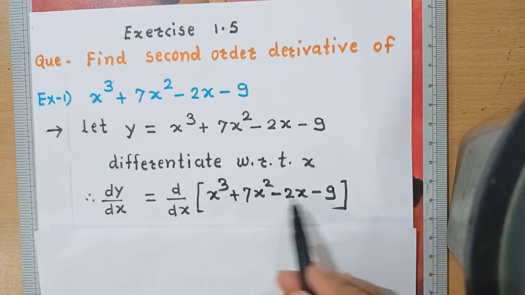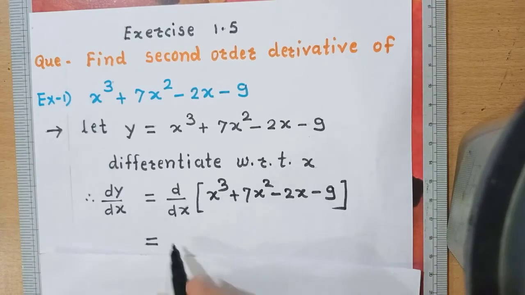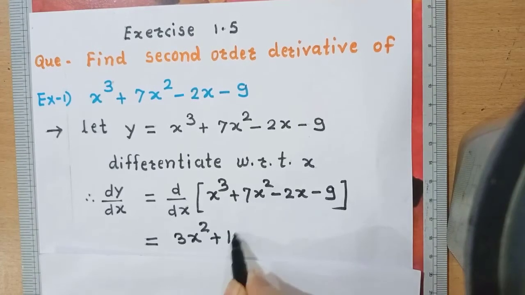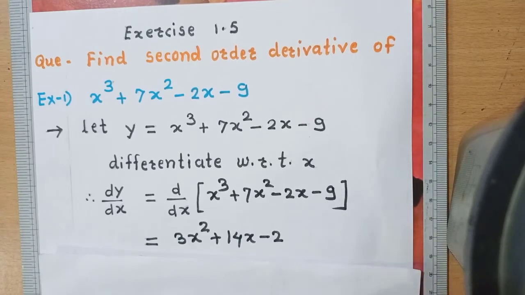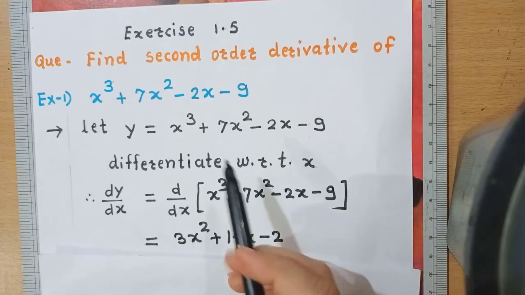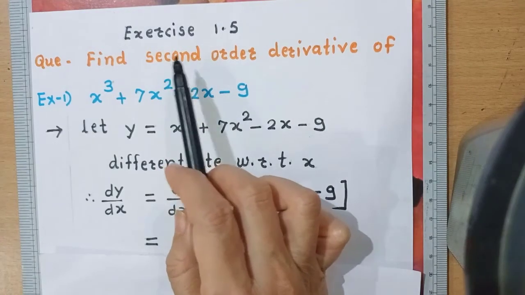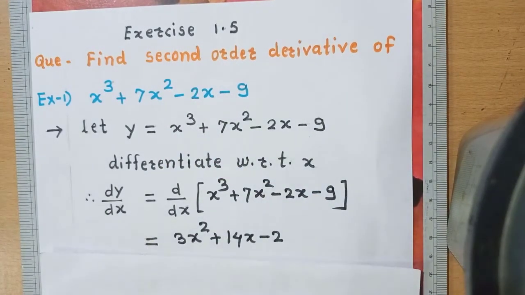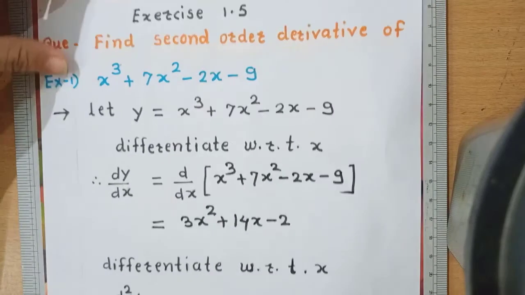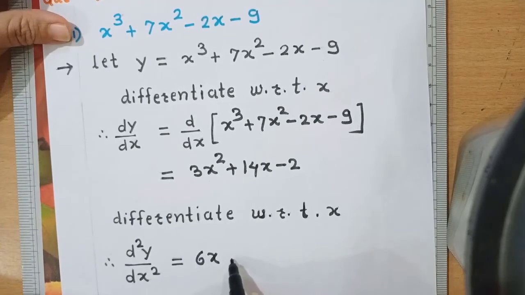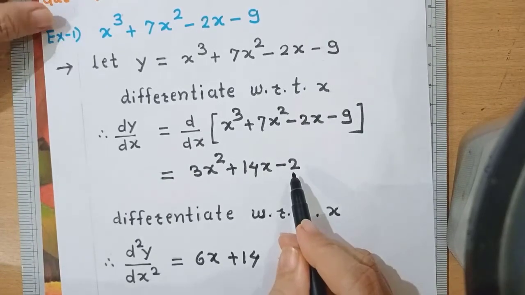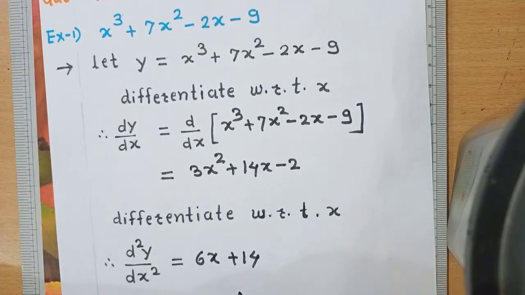Now differentiate separately: derivative of x cube is 3x square, then 7 twos are 14x, minus 2, and since 9 is constant, its derivative is 0. Now we have to find the second order derivative, so differentiating again, 3 twos are 6x plus 14, and 2 is constant, its derivative is 0. So this is our final answer.